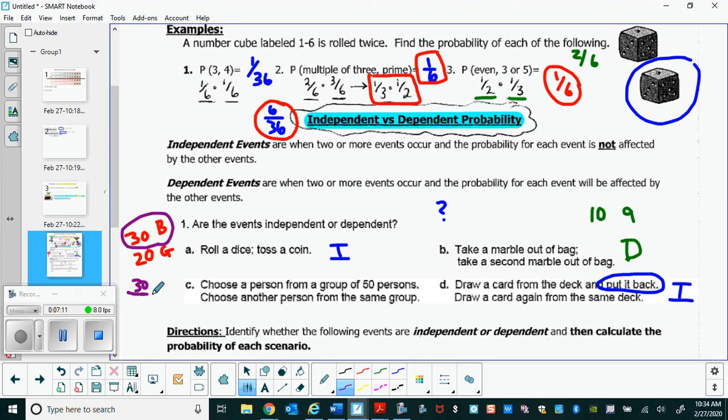There's 30 boys out of 50 kids. But if I have already picked one person, then the next person that I pick is only out of a group of 49. And then we can see here, if I want to know the probability that I'm going to pick a boy and then another boy, now there's only 29 boys left in the class out of the 49 possibilities. So when your denominator changes like this, that's how you know you're dealing with dependent events.